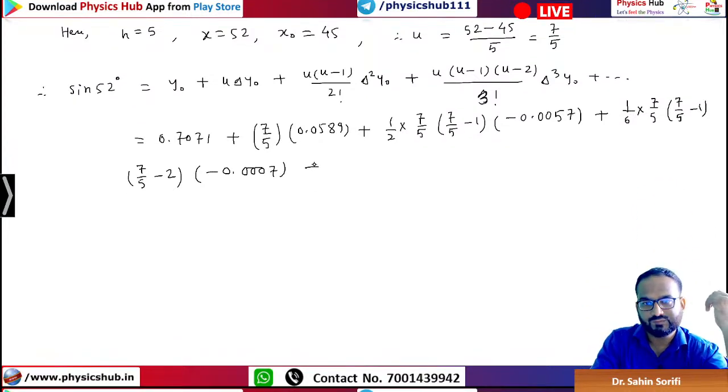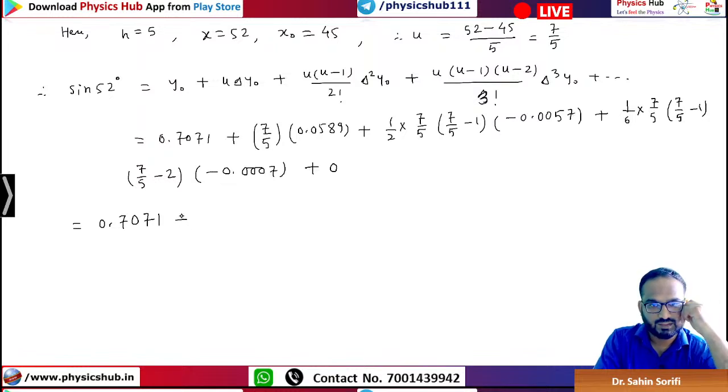Okay, and all other terms are zero. So the first term is 0.7071 plus, you calculate this, you get 0.085, and this term will come negative, 0.0399 divided by 25.